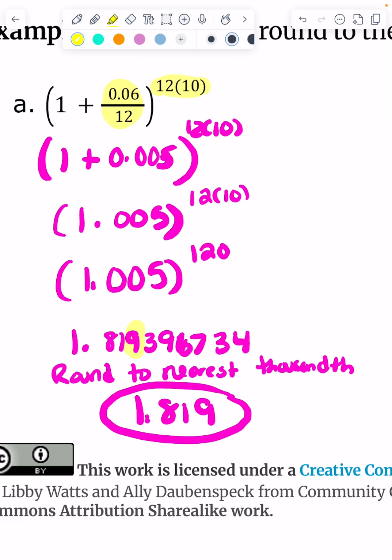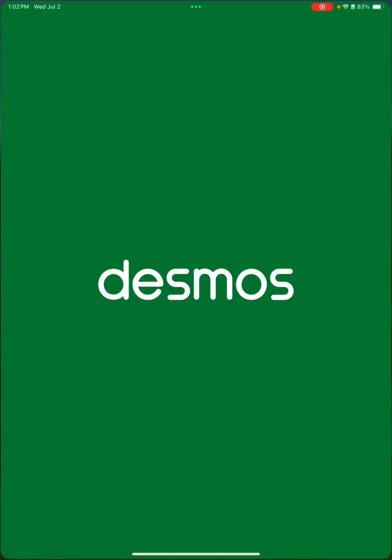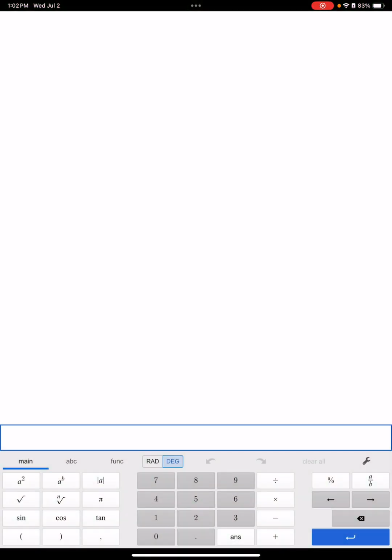The other thing is, you do not want to be rounding each step of the way. So I'm actually going to go into Desmos, and we're going to look at this problem. Let me pull this up so I can see it on my screen.